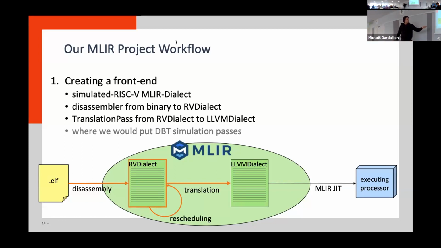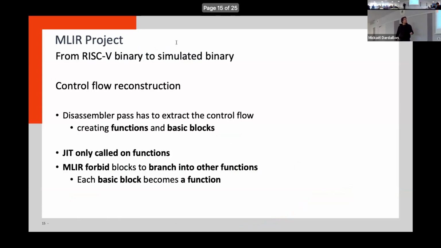For this step of disassembly and lowering of the RV dialect, we first had to reconstruct the control flow. Because we take as an input a binary file, but it is only a list of instructions.